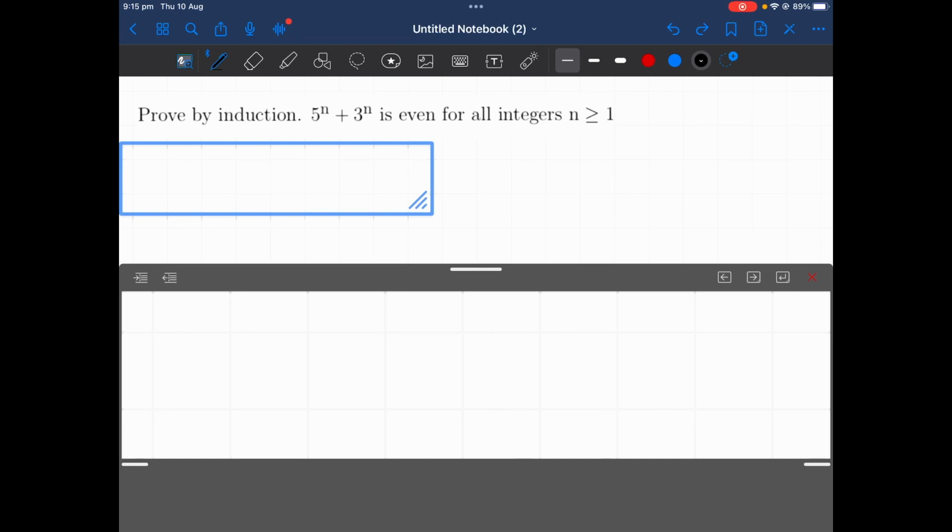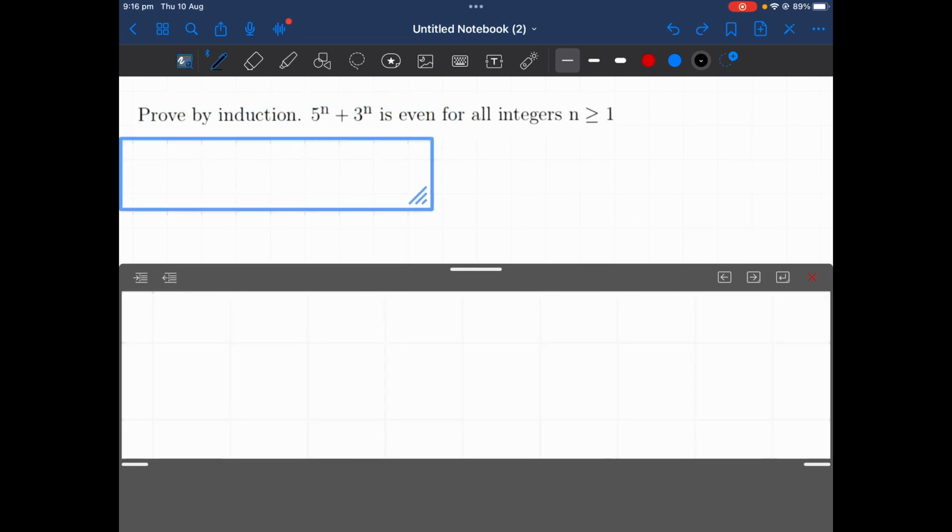Let's start off with our base case. So we have to show that this 5^n + 3^n is even. So let's start off with our base case of, well, it's for all integers n greater than or equal to 1. So let's start with 1.